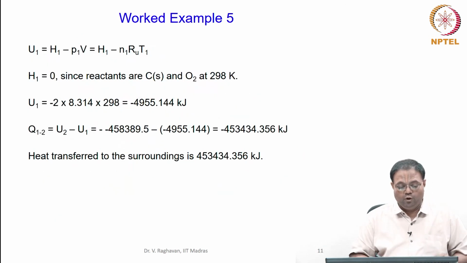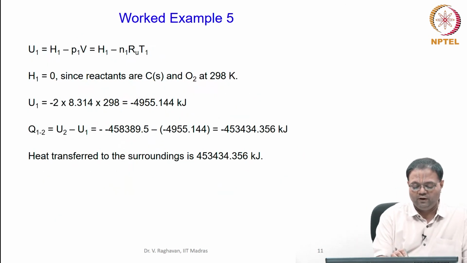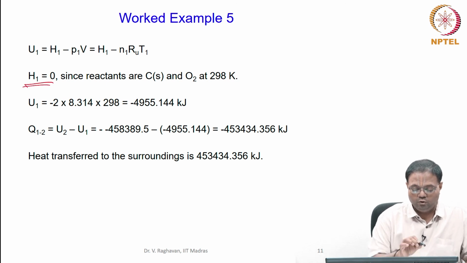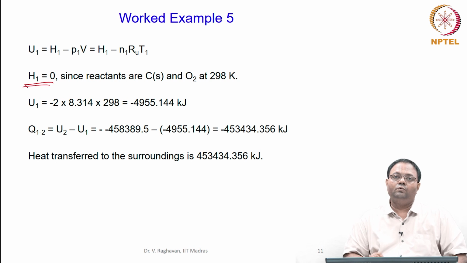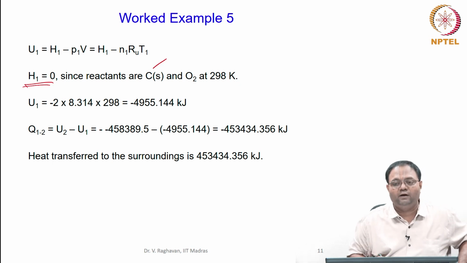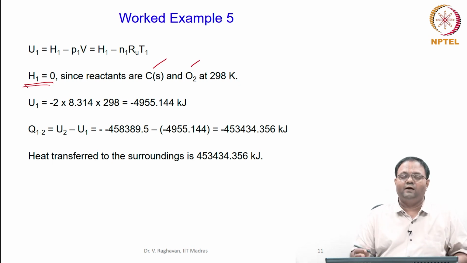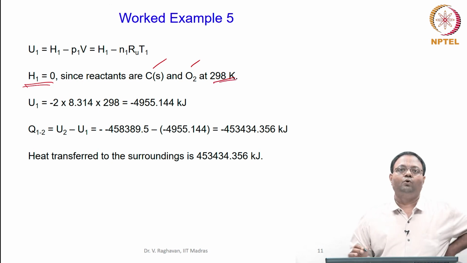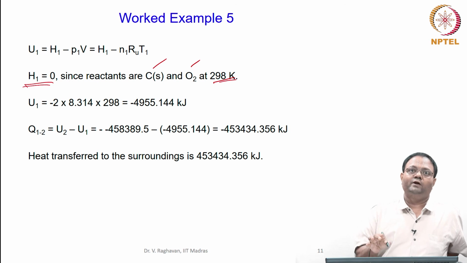Now, U1 is H1 minus P1V, equal to H1 minus N1 Ru T. Now, H1 equal to 0. Please understand why: because C is in solid state and O2 is a basic element, both are basic elements, and the enthalpy of formation at 298 is 0, and the reactants are at 298 Kelvin.